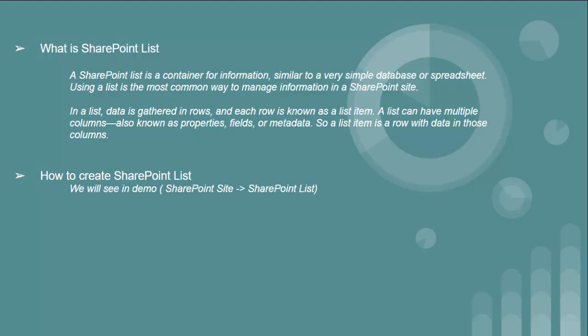A list can have multiple columns, also known as properties, fields, or metadata. So a list item is a row with data in those columns. So SharePoint List is a container in the form of rows and columns. Rows is your data, and columns, you can call it properties, fields, or metadata.